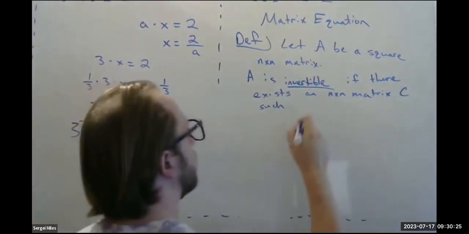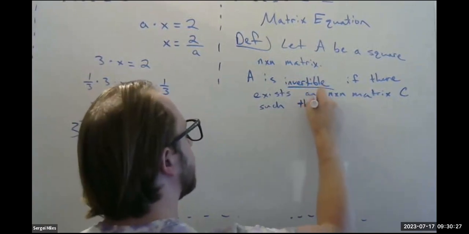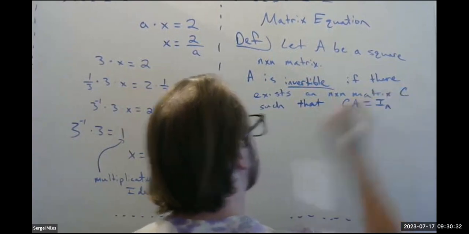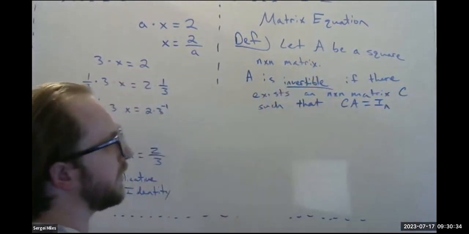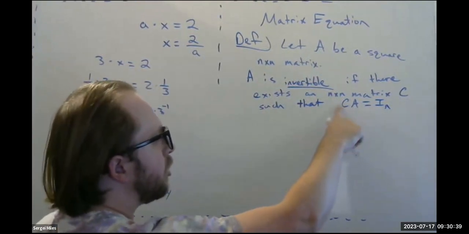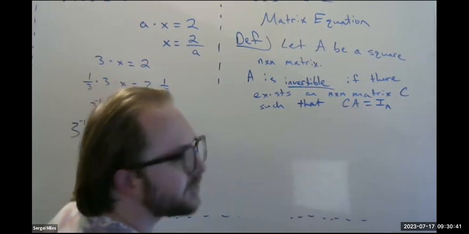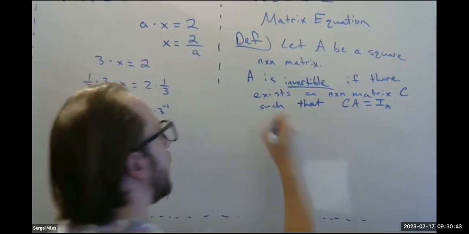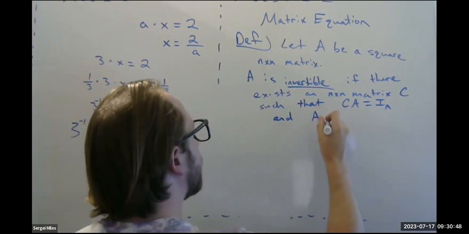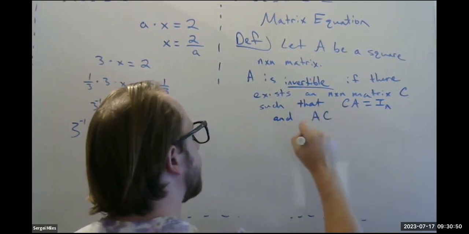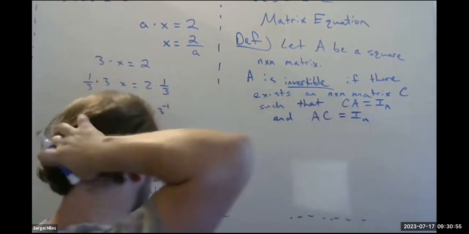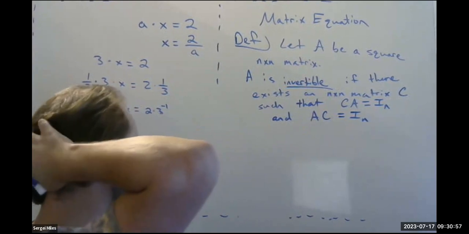All right. Such that C times A is the identity matrix for an n by n, right? So we're asking that whatever C is, when we multiply it by A, it's going to result in the identity matrix. And we want to require that if we flip the order, the same thing should still happen.